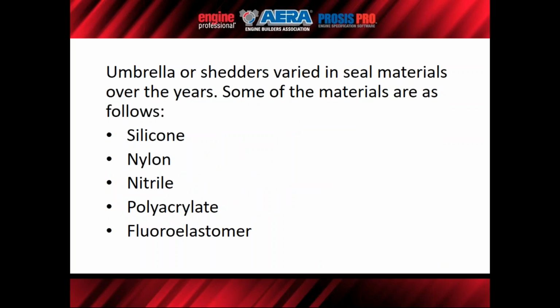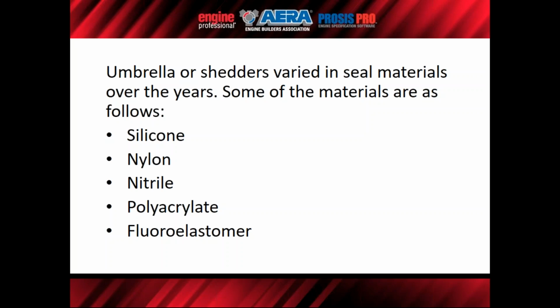Umbrellas or shedders varied in seal materials over the years. Some of the materials are as follows. Silicone: actually, many of the early reproduction seals have switched to silicone. It's pretty inert to a lot of the environmental conditions, the oil attack and fuels and things of that nature.